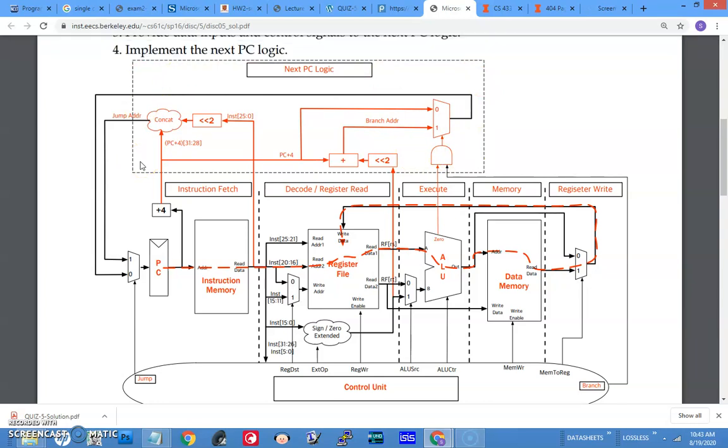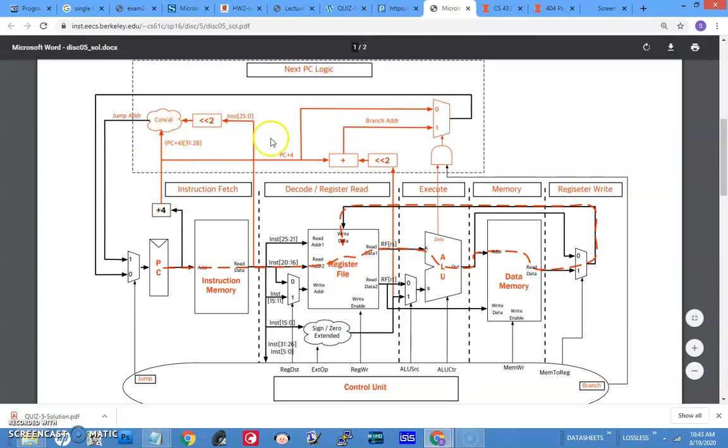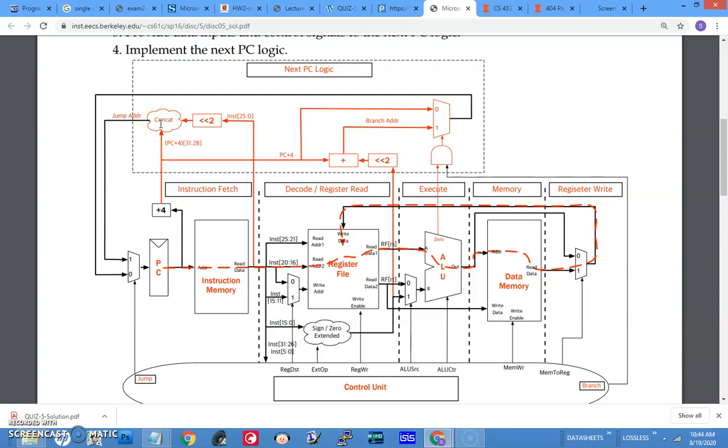Either it will be a normal PC plus 4, or it could be a branch, or it could be a jump. So you have all those things considered here. So PC update, left shift, concatenate upper 4 bits, and that is given to the PC logic, and you have the jump instruction selecting it.